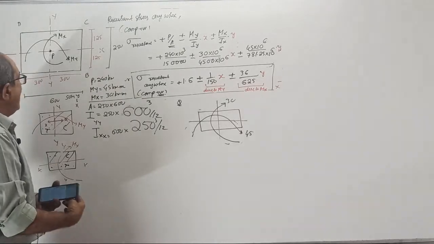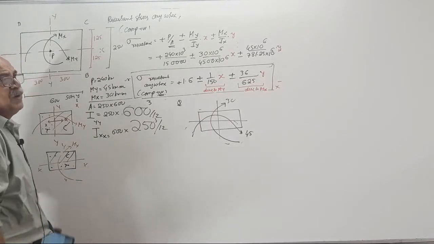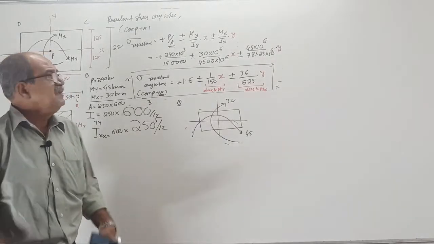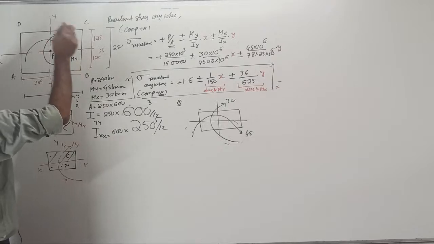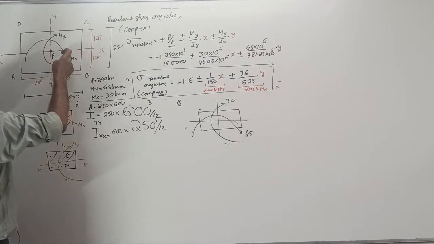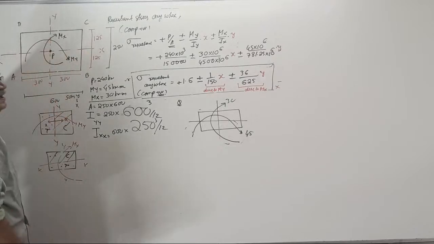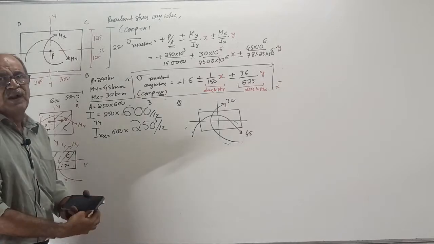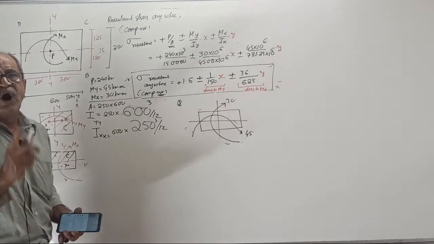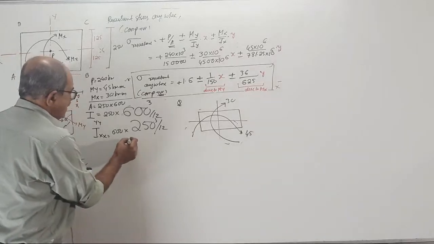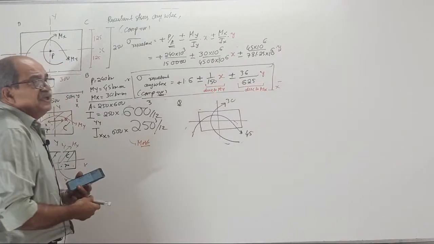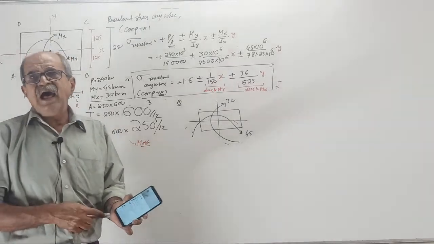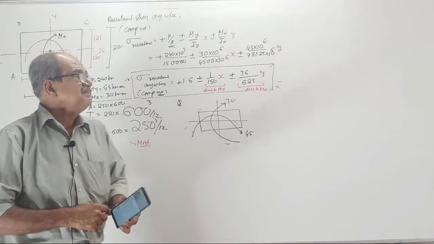After all those points, P1, P2, P3, P4, then extra random points P5, P6, P7, P8, we considered the most important. Lastly, we considered it because axial force gives uniform stress.